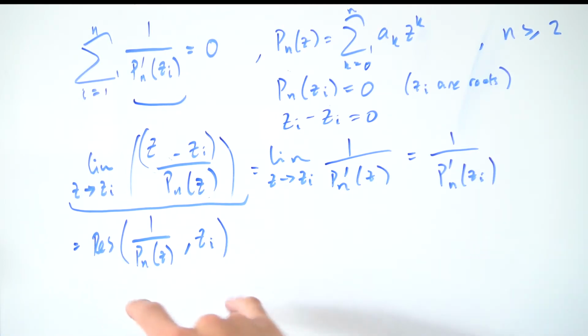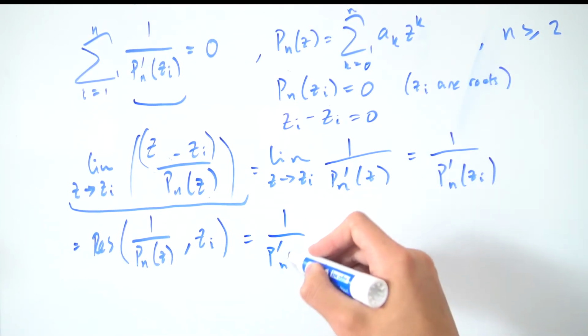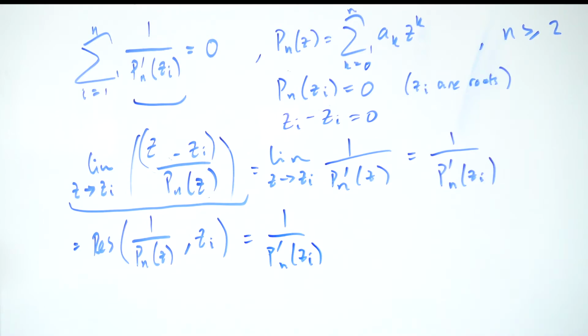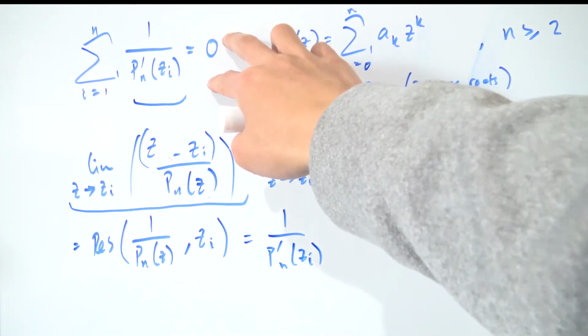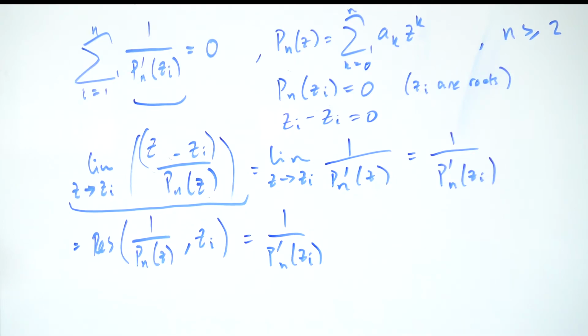So we know this residue is going to give us 1 over p prime n of zi, like so. And remember, in this expression right here, we're trying to sum up all of these from i equals 1 to n.